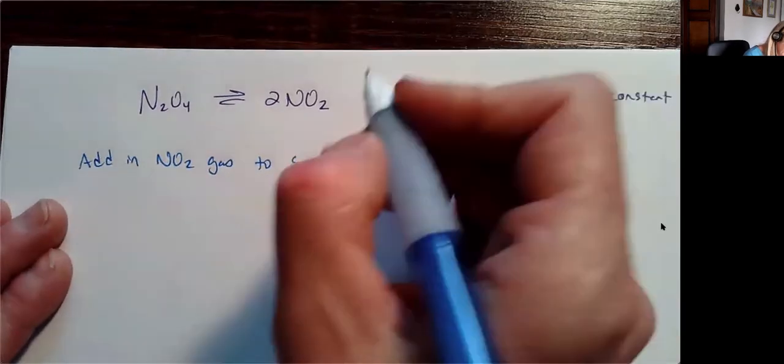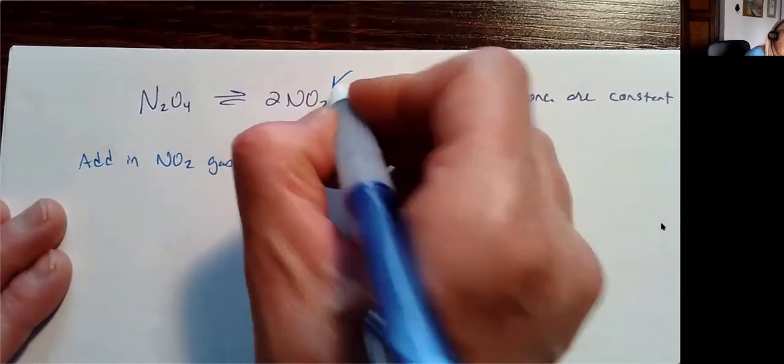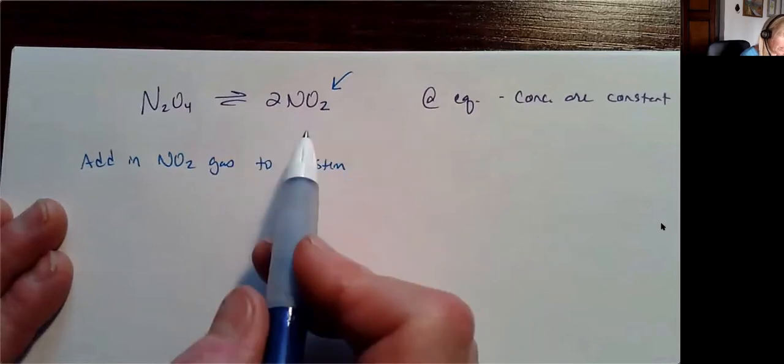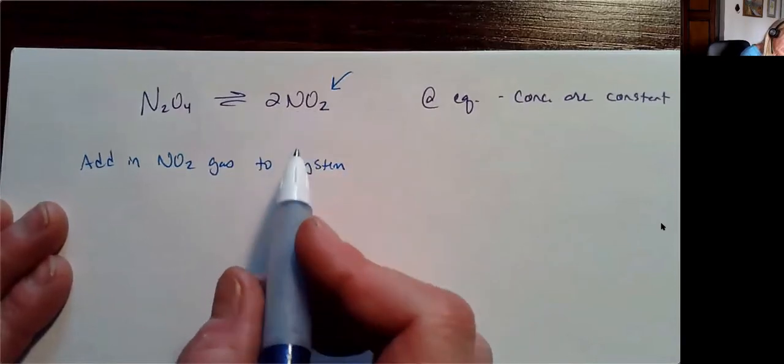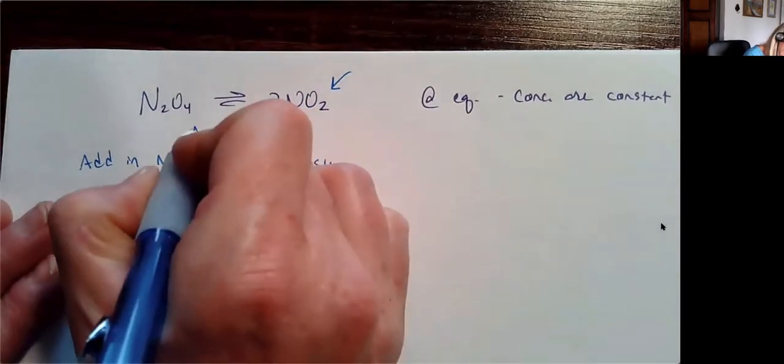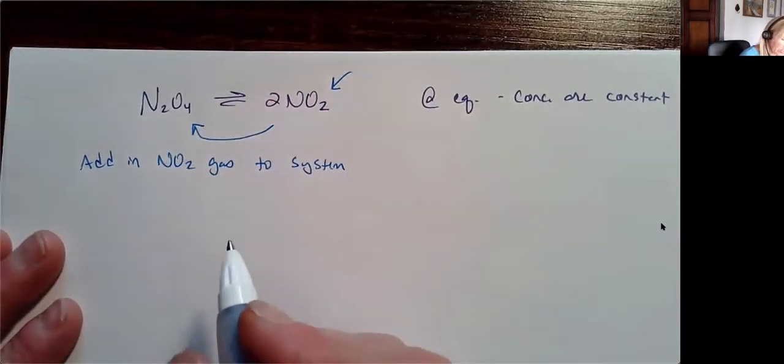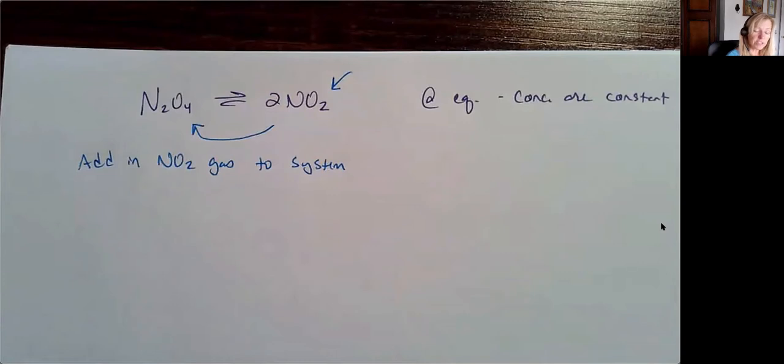What I'm essentially doing is increasing the concentration of this component here. That's going to reset my equilibrium, and it's going to shift the reaction in the reverse direction until it reaches that ratio between NO2 and N2O4 that's specific for this reaction. It's going to shift in reverse until it reestablishes that ratio.